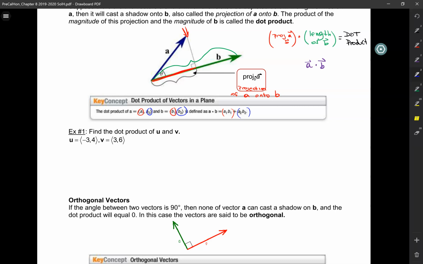So let's do an example of a dot product. In this first example, we need to find the dot product of U and V. We have to do U dot V. So let's find U dot V. This is going to equal the product of negative 3 times 3 plus 4 times 6.